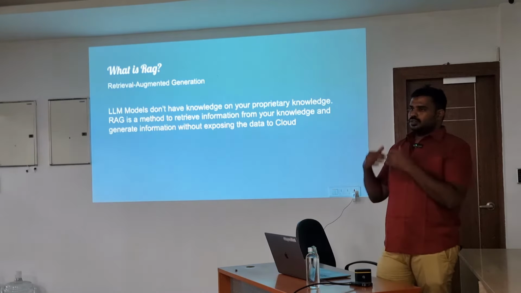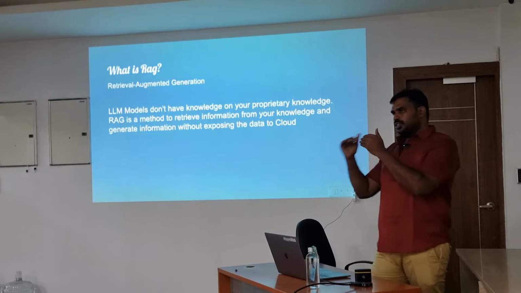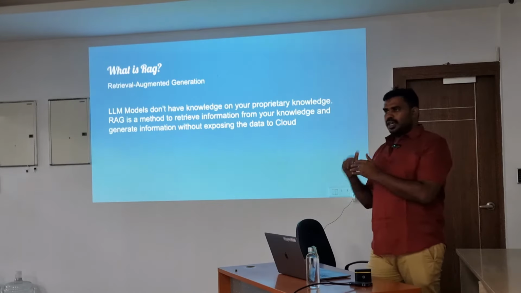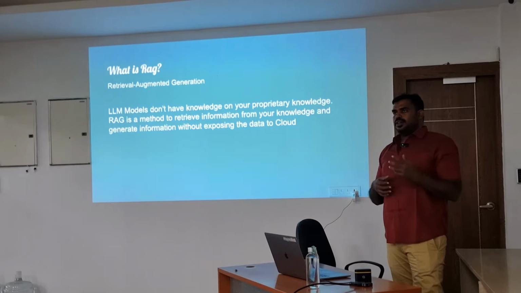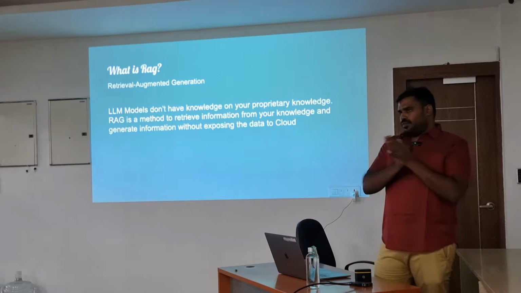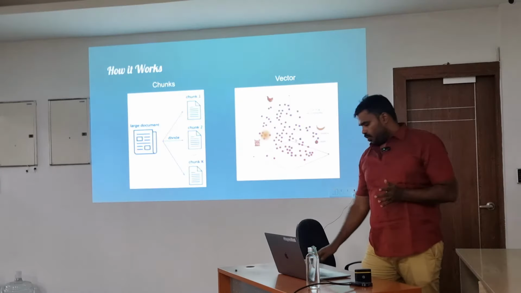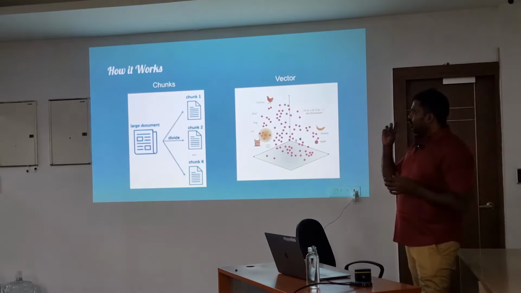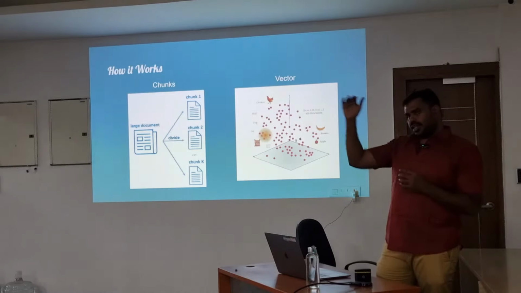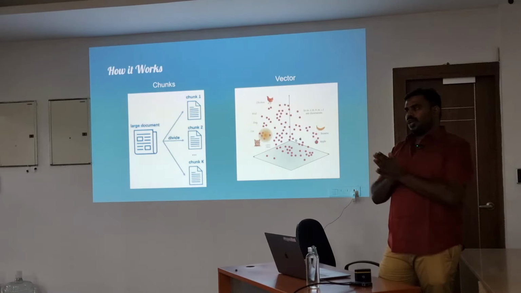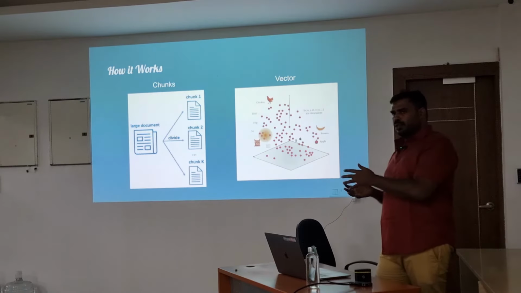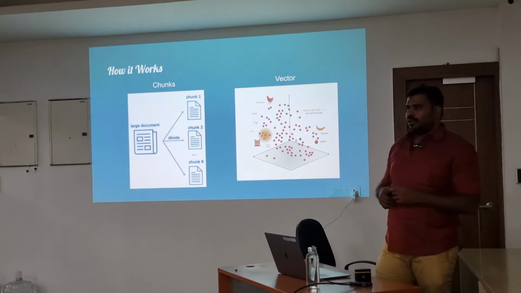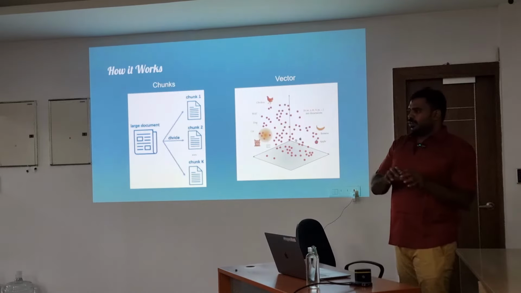So what we do is chunk these documents into multiple parts and give them to the LLM model. For doing this, we have two things. One is chunking the PDF. For example, if you have a 500-page PDF, you cannot give the whole 500 pages to an LLM model and ask a question.